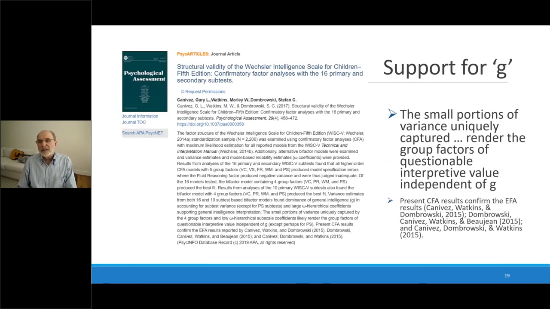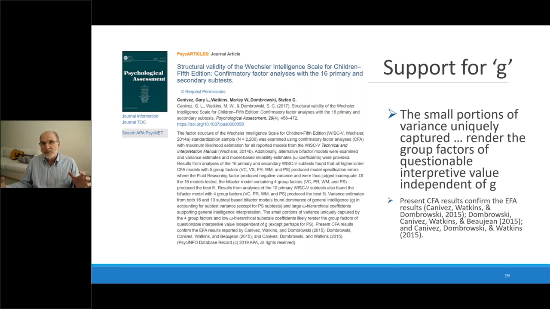Now, there's been a series of research articles that if you don't know about, you should learn about. They've been done by a number of people, some of whom I've known, like Marley Watkins, who's one of the authors on this article. I've known Marley since the early 1980s, and Gary Canivez, who I've known for a very long time. These are people that I know and I value their opinion.